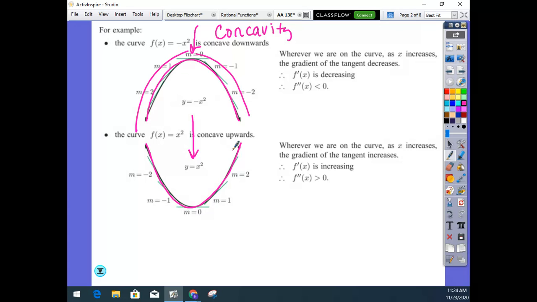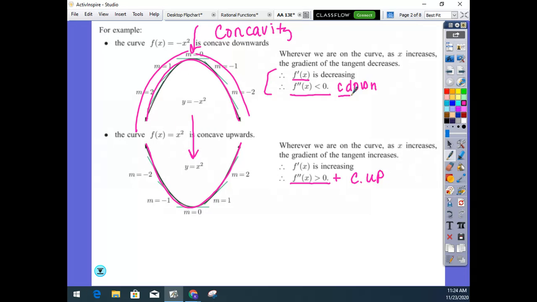All right, so like I was saying before, f prime of x is decreasing when the first derivative is negative. If the second derivative is negative, it's concave down. So when we look at when the first derivative is increasing, if the second derivative is positive, it's concave up.